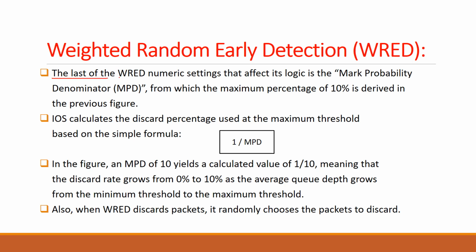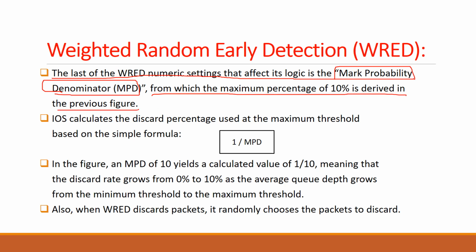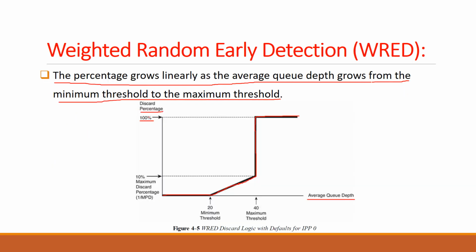The last of the WRED numeric settings that affects its logic is the mark probability denominator, or MPD, from which the maximum percentage of 10% is derived in the previous figure. As you saw here, 10% when the average queue depth reached the maximum threshold.